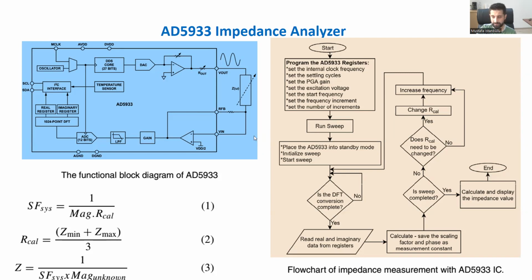The recommended impedance value for the calibration of the impedance analyzer chip is defined as in the equation 2, where the Zmax is the maximum value of the impedance to be measured, whereas the Zmin is the minimum value. Any unknown impedance can be measured by using this equation 3.